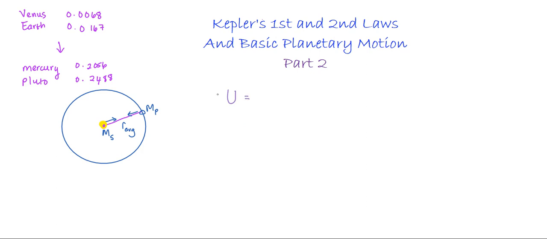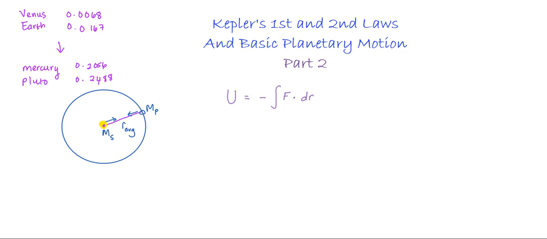Now we know that the gravitational potential energy is equal to the negative integral of the force dot the path, or radius. This is a dot product, and that's actually very important here.